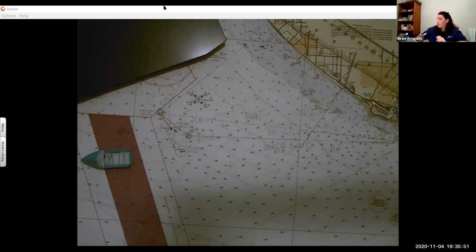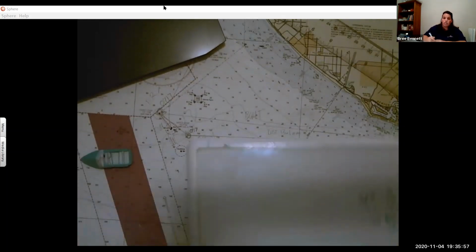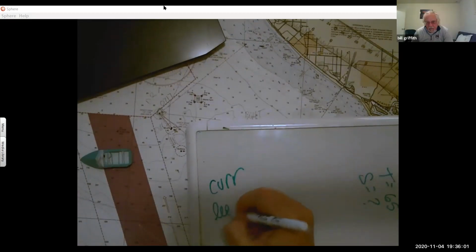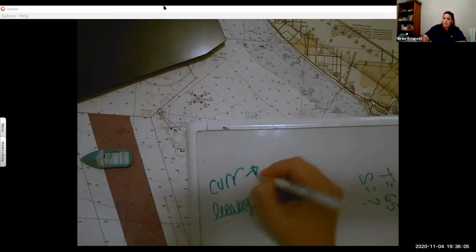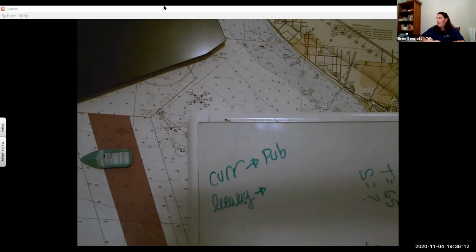So when you have the two different things of current and leeway, you're most likely getting the current information from the nav pubs, and you're getting the leeway information as if it's for your boat specifically.